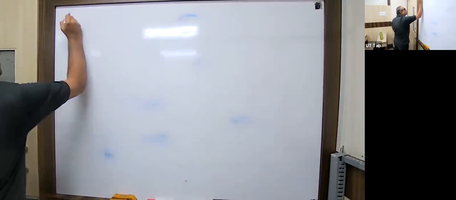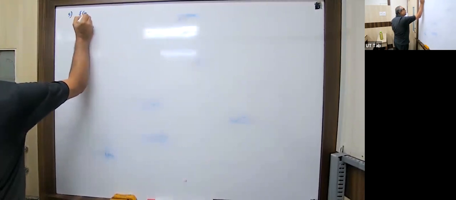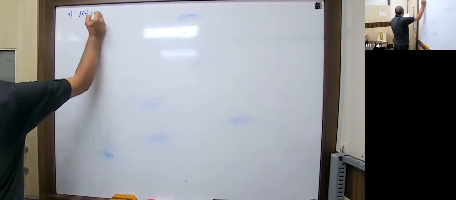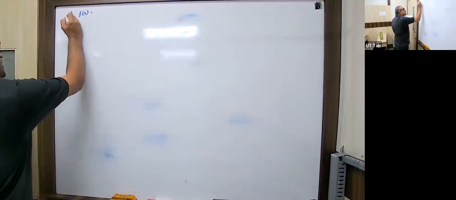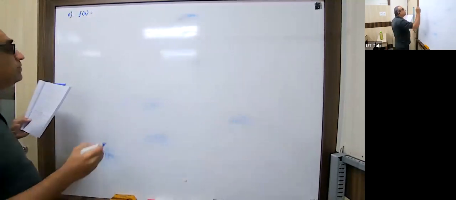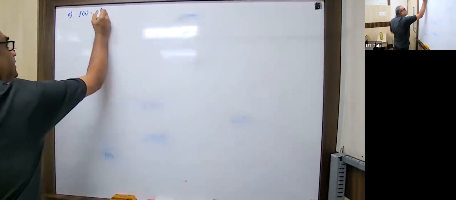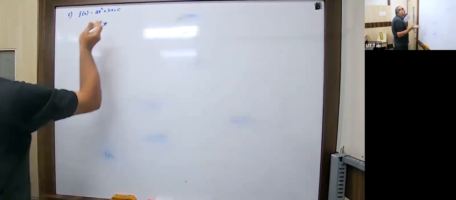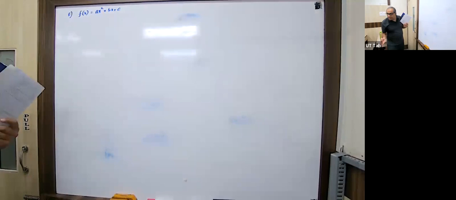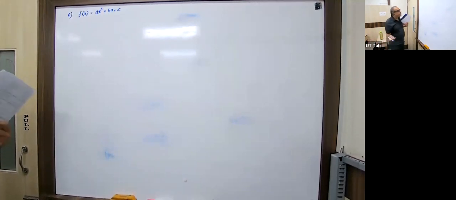Question number 5. If alpha and beta are the zeros of this quadratic polynomial ax squared plus bx plus c. अभी यहाँ पे तो कुछ कंपेयर करना ही नहीं, a is a, b is b, c is c.